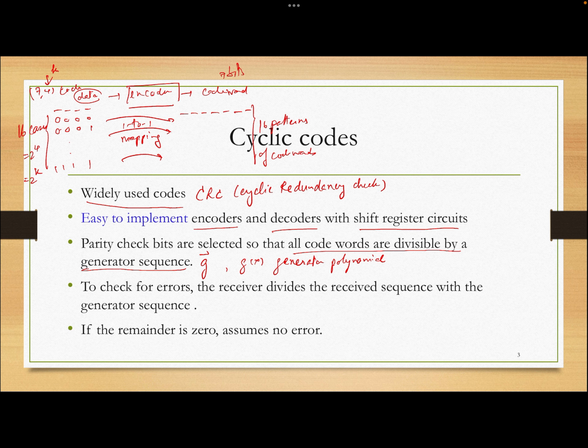However, when you send the code word to the channel, you get the receive sequence.